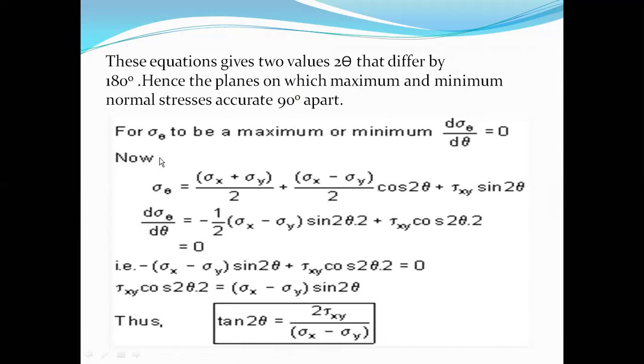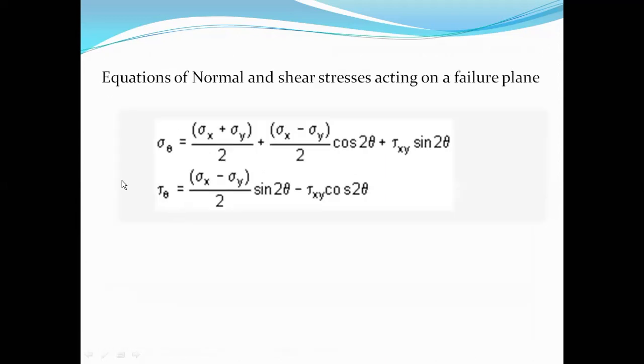In order to find this, in mathematics we compute the derivative. We know, as discussed in the previous slide, sigma theta is the normal stress acting on the plane which makes an angle theta: sigma theta is equal to sigma x plus sigma y by 2 plus sigma x minus sigma y by 2 into cos 2 theta plus tau xy into sin 2 theta.